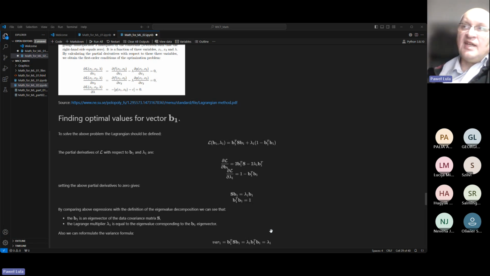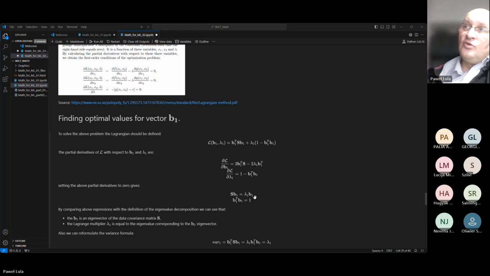So we can say that this expression is satisfied by elements which we know. We are looking for values for B which satisfy this condition.